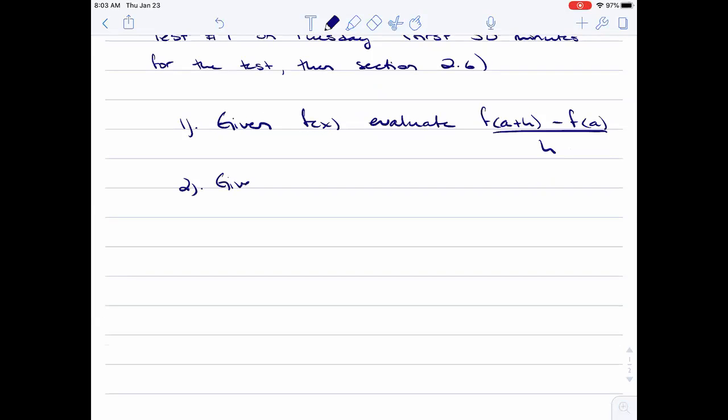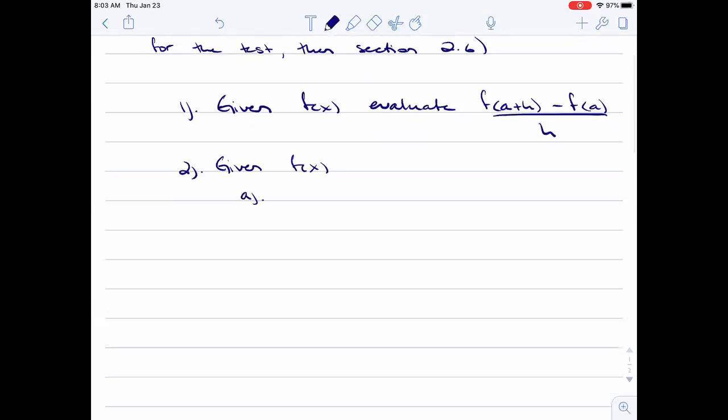Question 2 is, given a function, part A, you have to state the domain. Part B, remember how we used that sign chart last day to show where the limits are, or where the vertical asymptotes are? We use limits to see which way the vertical asymptotes were going.